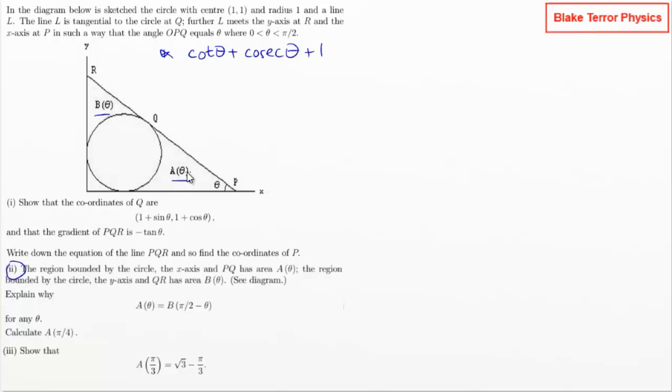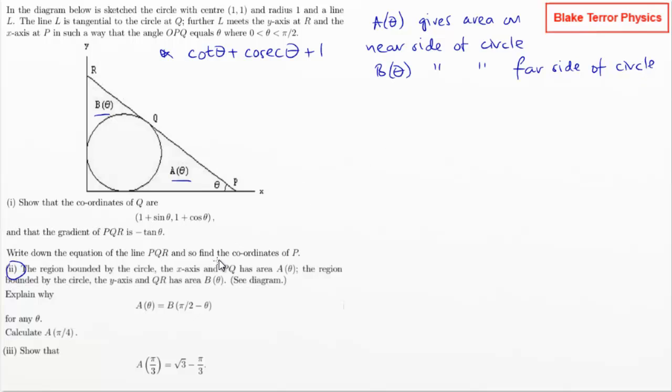So what are we getting here? This function A of theta gives the area on the near side of the circle. And then B of theta gives the area on the far side of the circle.